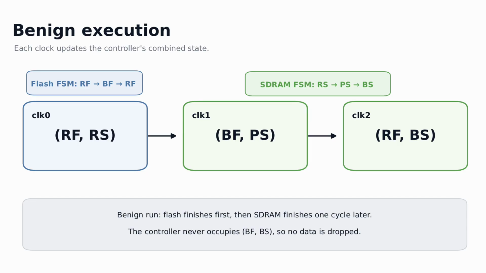To show that, I have an example of a benign execution where in the first cycle, we have the flash going from ready to busy and then back to ready. And then we have the SDRAM going from ready to pending to busy. You can see in this benign run, the flash finishes first, and then the SDRAM finishes one cycle later, so there's no issue with the data being dropped or them competing for the same memory controller byte to the CPU.